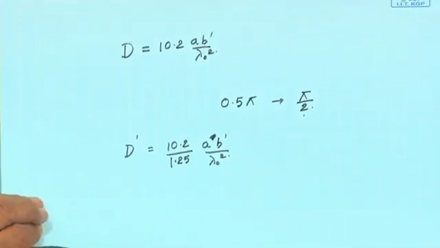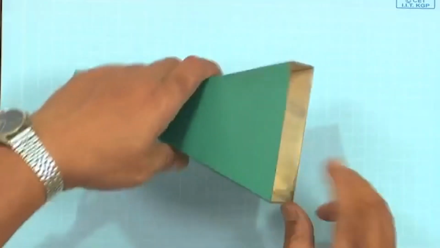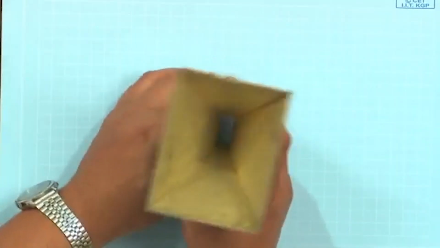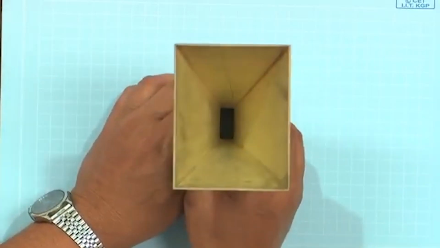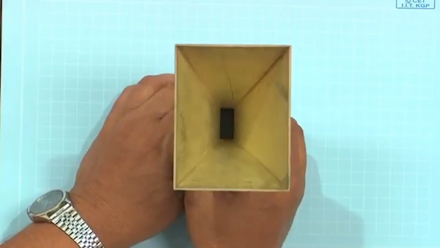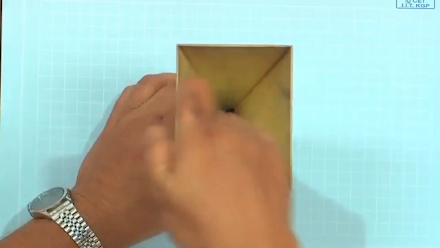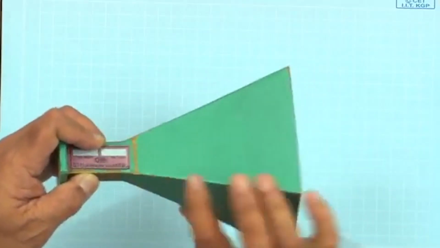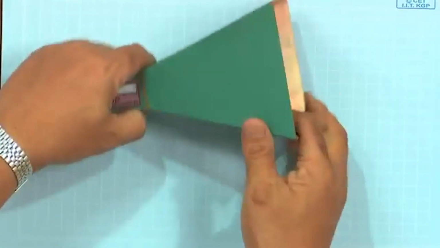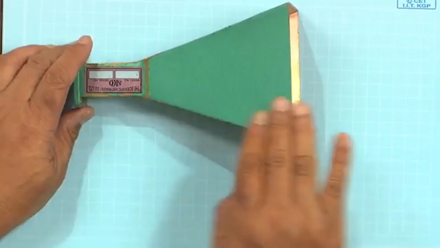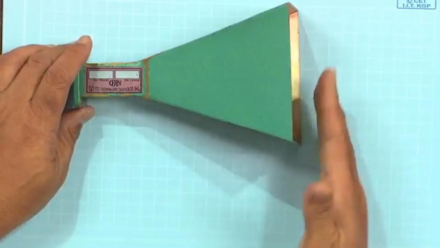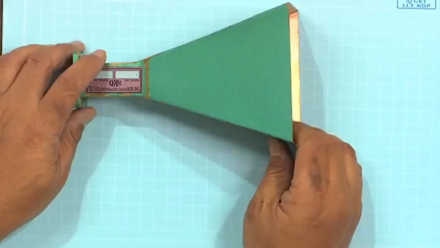Then people thought that obviously a better thing will be if both E and H plane are flared like this. I think all of you have seen this many times; it is called a pyramidal horn. In both directions this plane also is flared, this plane also is flared. This bottom flaring is the H plane flaring, this flaring is the E plane flaring, both are flared.